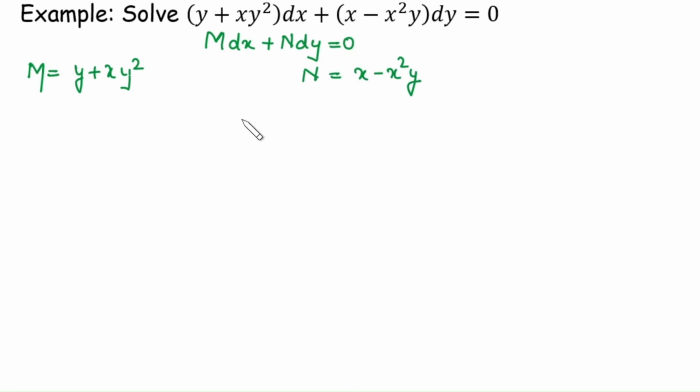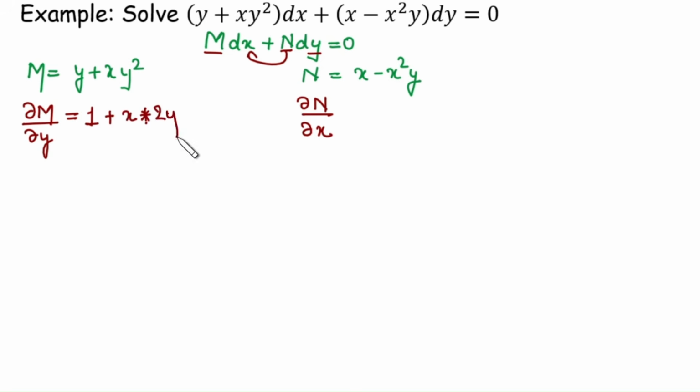In the next step, we are going to check whether this differential equation is exact or not. For that, we calculate the partial derivative of M with respect to y and of N with respect to x. The partial derivative with respect to y, keeping x as a constant, is equal to 1 plus 2xy. And the partial derivative with respect to x, keeping y as a constant, is 1 minus 2xy.